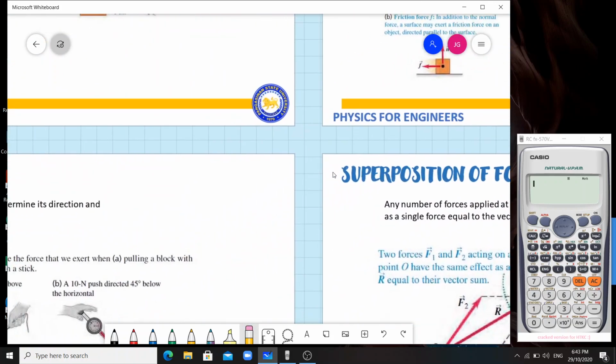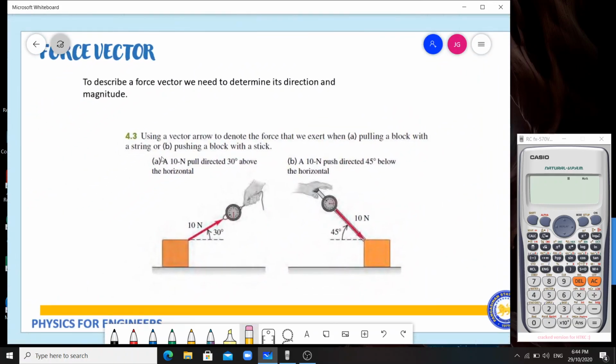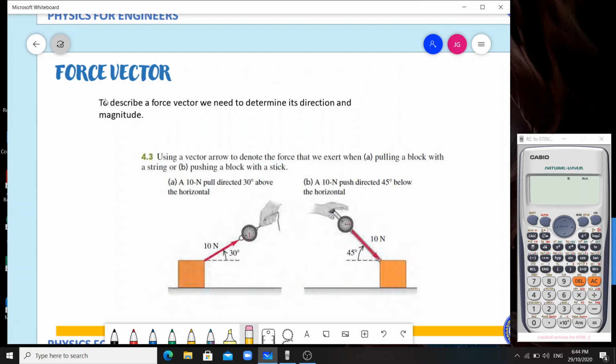In order for us to describe a force vector, we should first determine its direction and magnitude. For example, in this illustration, we have a 10 newton pulling force, 30 degrees above the horizontal, going to the right. Here we have a pulling force 45 degrees above the horizontal, going to the right.